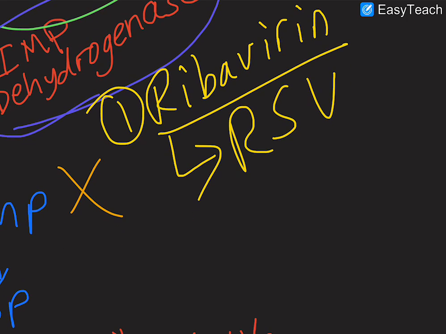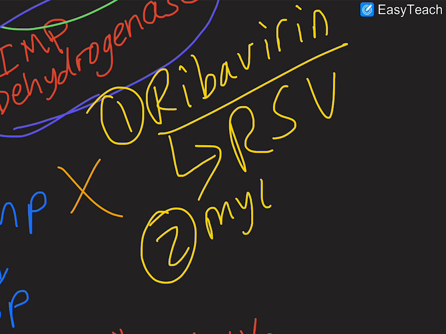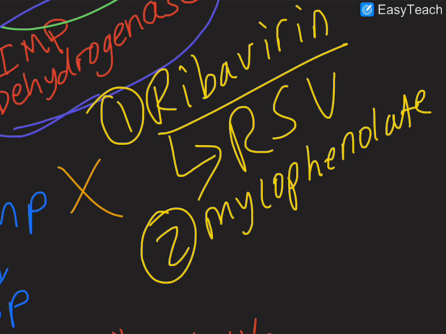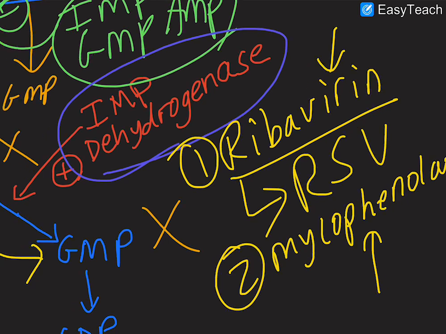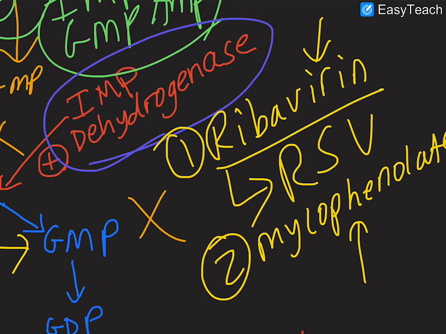And another drug we can use to inhibit IMP dehydrogenase is mycophenolate. Okay, so we have 2 drugs that inhibit IMP dehydrogenase that we should know, ribavirin and mycophenolate. All right, so in total, we've talked about ribavirin, mycophenolate, azathioprine, 6-mercaptopurine, and methotrexate.